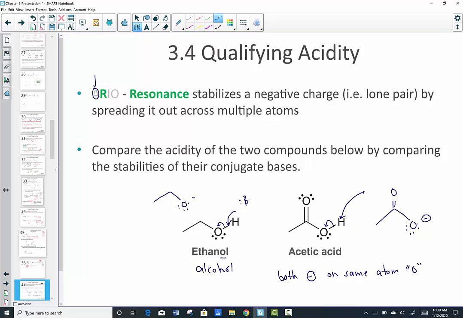If the atom didn't help me determine which is the better acid, and the better acid is one that stabilizes its conjugate base, I go to R. Can this negative charge be resonance stabilized? Well, the answer in the alcohol is no. There's no pi bond in this particular molecule at all. These electrons are what we refer to as localized electrons. They have no ability to move through a process of resonance.